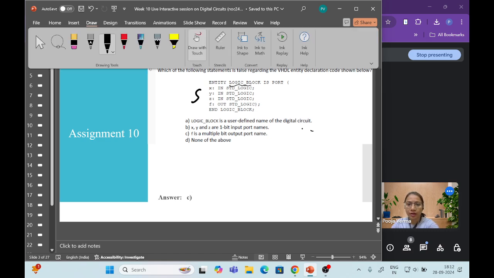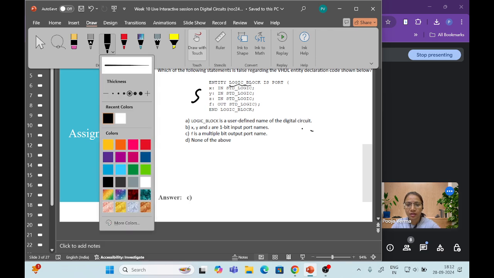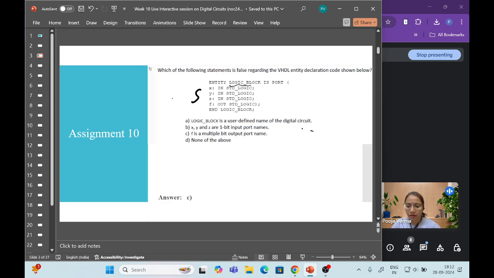But here F is given as a single bit signal, not a multiple bit signal. It is clearly visible. And option D is none of the above. So option C is false regarding the VHDL entity declaration code.